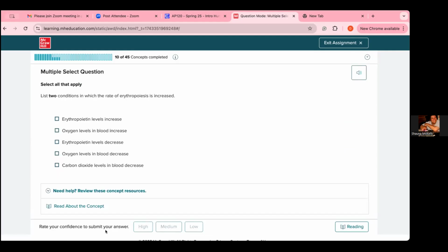There's two conditions in which the rate of erythropoiesis is increased. Two conditions in which the rate of erythropoiesis is increased.